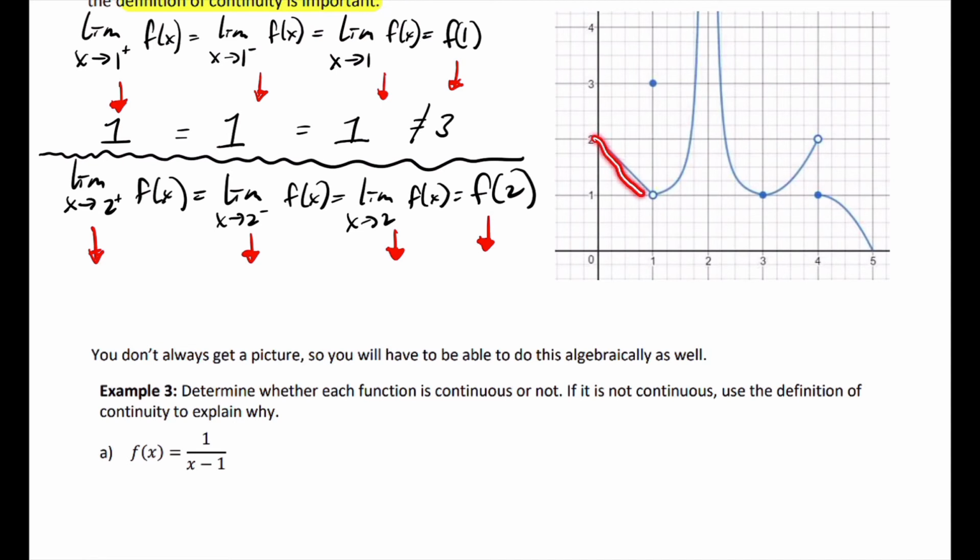So at 2, from the right side, it looks like it's going to positive infinity. Same thing from the left, it's going up to positive infinity. So if they're both going up to positive infinity, what's the overall limit? Does not exist.